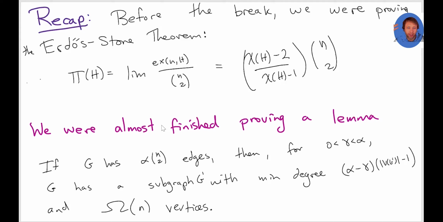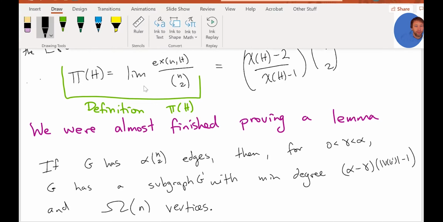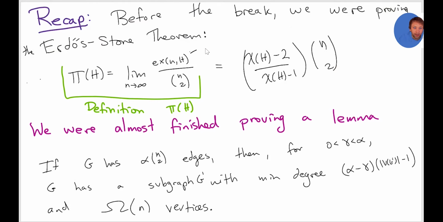We were proving this Erdős–Stone Theorem, which is about the Turán, or the extremal number of a general graph H. So remember we had this definition of this pi of H. It's the limit of the extremal number of H on n vertices, divided by n choose 2, as n goes to infinity.